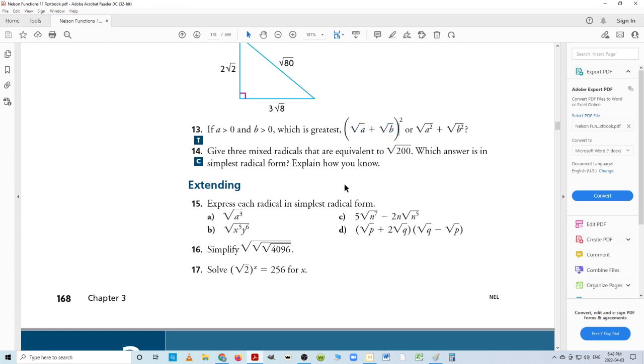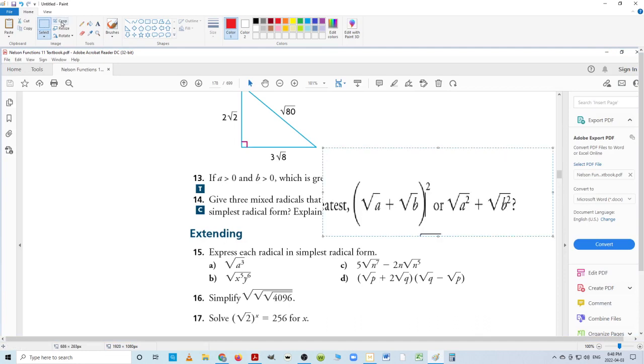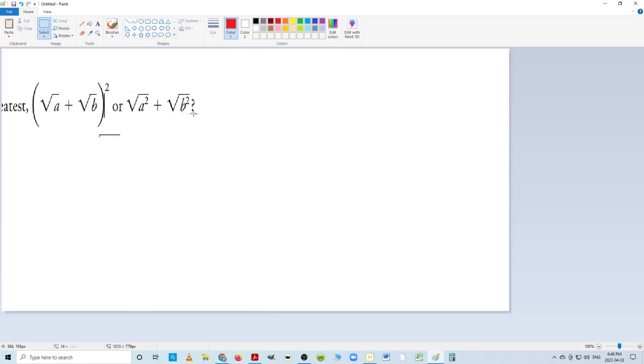Now obviously they want you to prove it algebraically, but that'll give you a hint if you're not sure, so that you can put yourself on the right track. Okay, notice that this second one is easily solved because the square root of a square is simply canceling out.